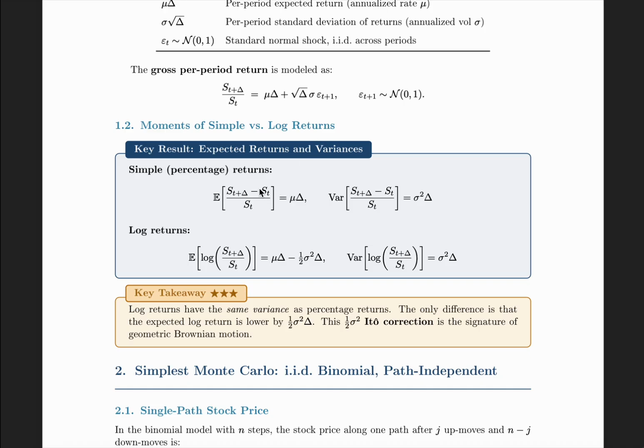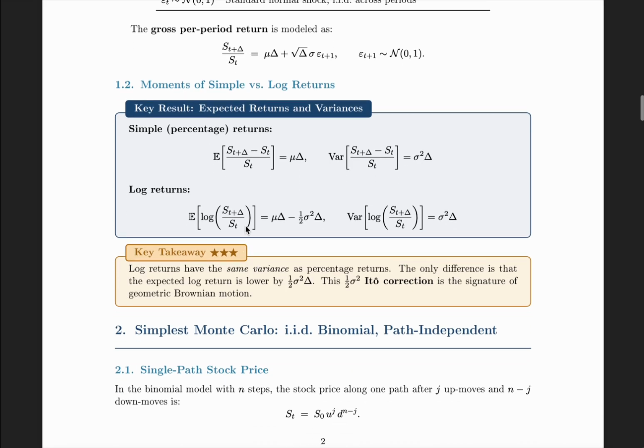But all you have to know for now is that the percentage returns and log returns have the same variance, which is sigma squared times delta per period, but they have a slightly different expected return, where the simple percentage return has an expected value of mu delta, and the expected log return has a value of mu delta minus 1/2 sigma squared delta, where the second term is a small correction that comes from the fact that the log function is concave, right?